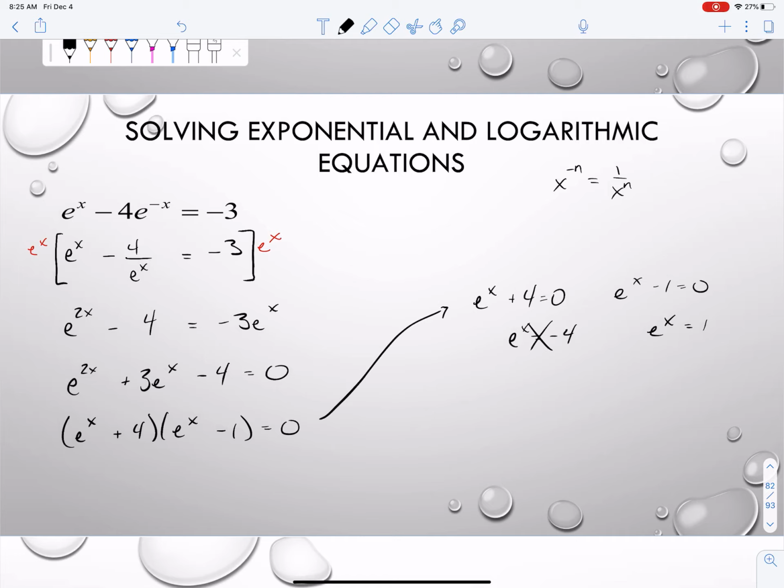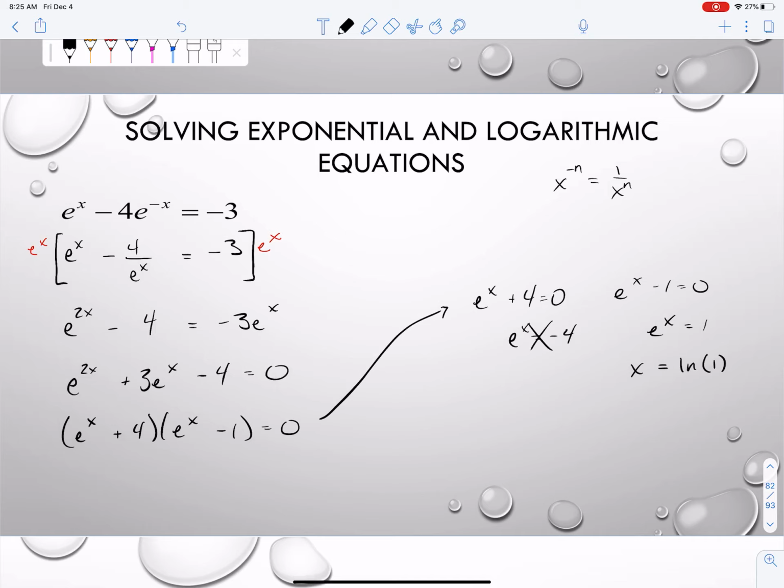Here, e to the x equals 1. There's two ways I can simplify this. I can take the natural log of both sides, which is going to give me x equals the natural log of 1. Probably the most intuitive way. Hopefully from here you realize the natural log of 1 has to be something.